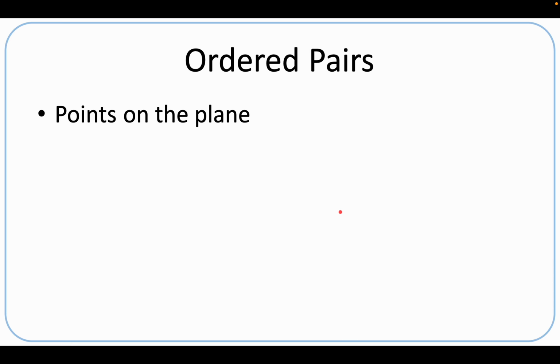Okay, so ordered pairs is just another name for a point on your coordinate plane. They're written with parentheses, and the first number is your x coordinate and your second number is the y coordinate, divided by a comma.